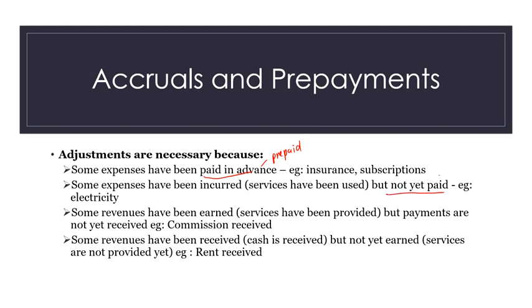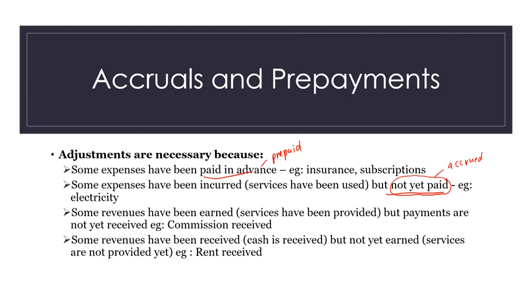When it is but not yet paid, it is accrued, meaning it refers to your accrued expenses or accrued revenue or accruals. Okay, so again our statement is for the current year. For this year, any expenses incurred for this year, we must include in our financial statement, regardless of whether we have paid or not yet paid. So, when we have not paid, of course it will not be in any transaction yet. So the financial statement we have prepared does not have this yet. So, we have to include it. So, we have to make an adjustment.